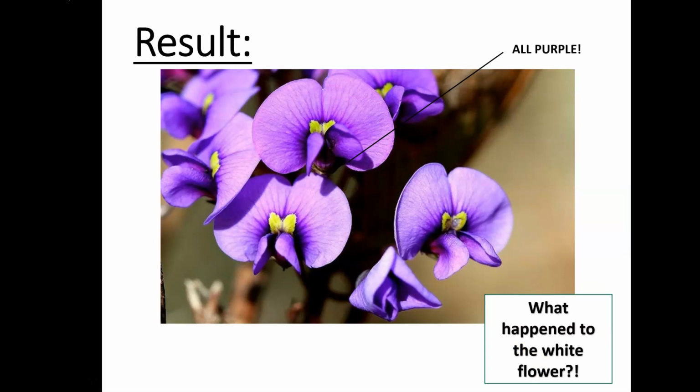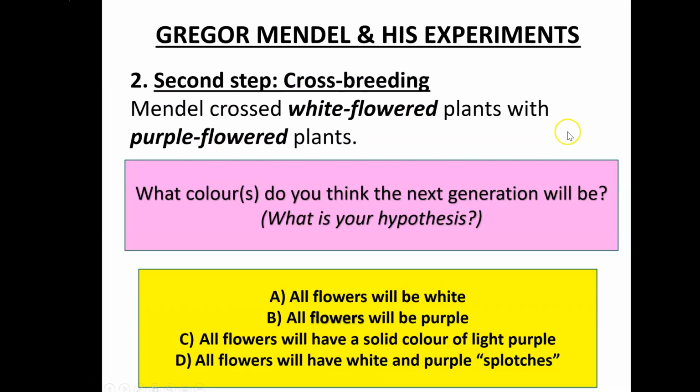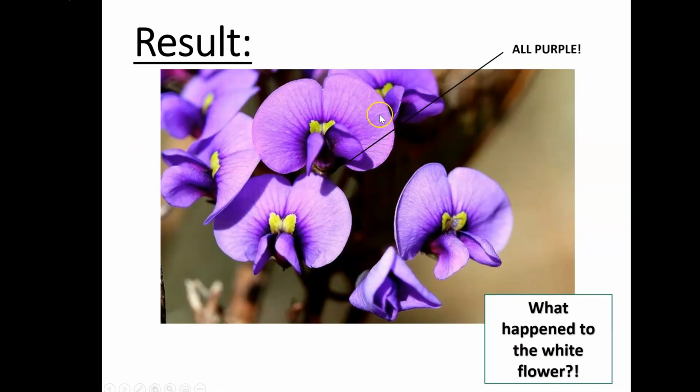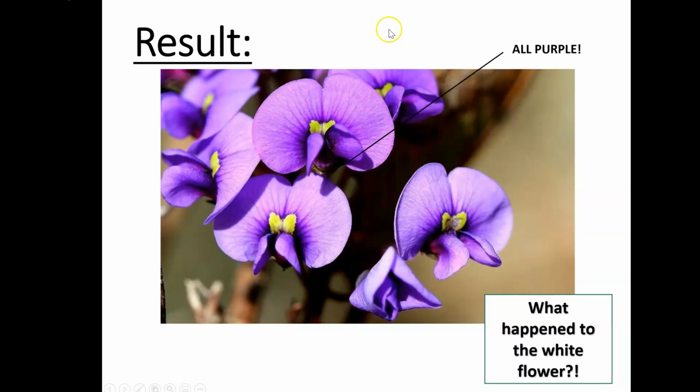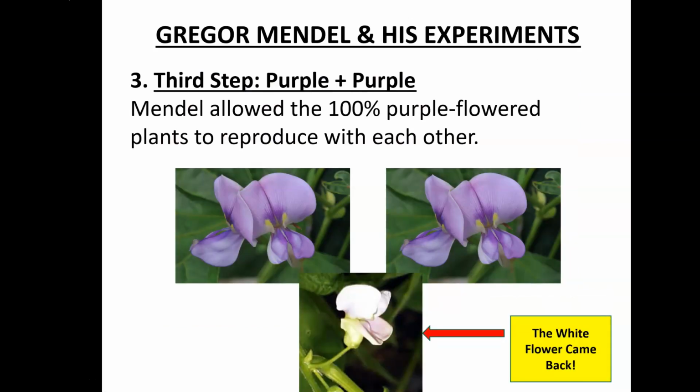What he found when he did this mixing of white flowers with purple flowers was that in the first generation, all the offspring were purple. What happened to that white flower then? To continue his investigation, he allowed this first generation offspring, all these purple plants, to breed with each other, so purple and purple.